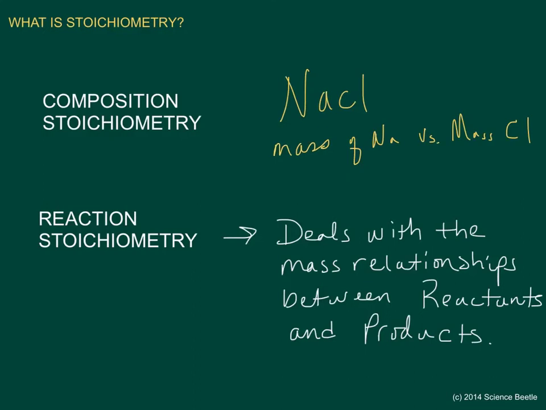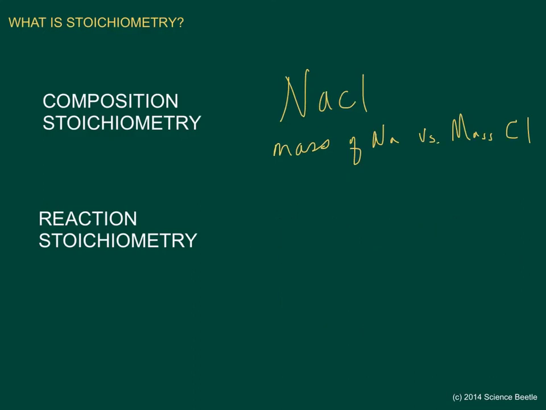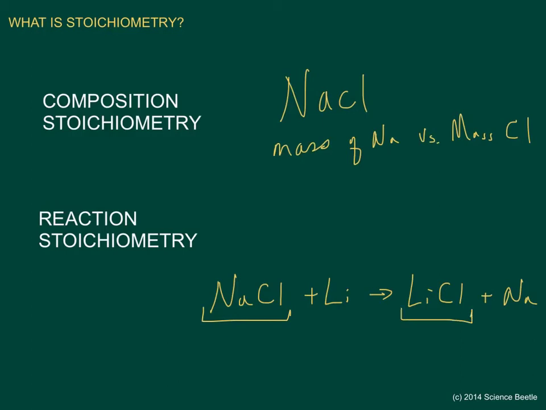Whereas in the other type of stoichiometry, this reaction stoichiometry, it would be the equivalent of doing the following. Say we had another compound over here, lithium chloride. Here's the one compound, sodium chloride, and we look at the compound over here on the right hand side, which is on the product side, lithium chloride, and it would be taking the mass of NaCl on the left hand side versus the mass of the entire compound, lithium chloride, on the right.